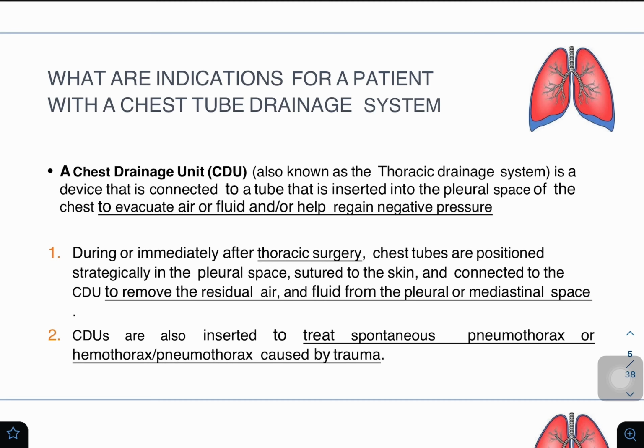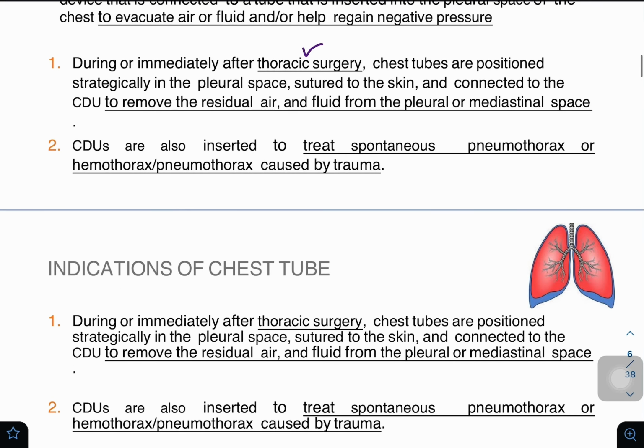What are the indications for a patient with a chest tube drainage system? They are very general indications, like after a thoracic surgery, or inserted for a spontaneous pneumothorax. In primary spontaneous pneumothorax, when pleural aspiration has already been done but the air is still more than 2 centimeters, then we need to put a chest drain.